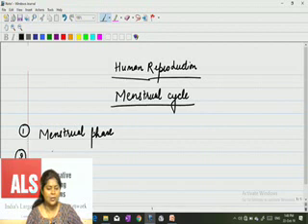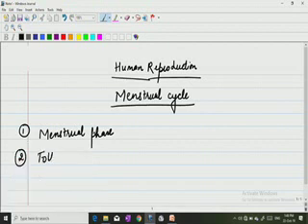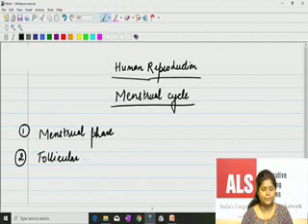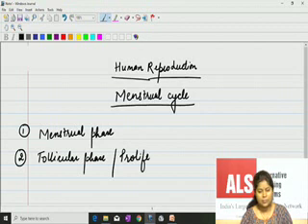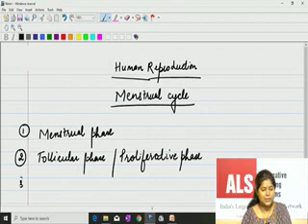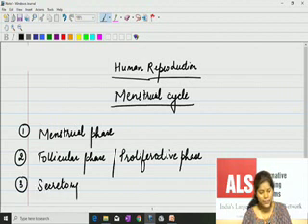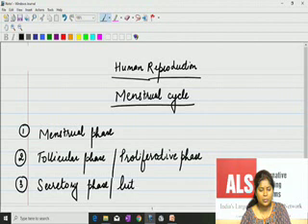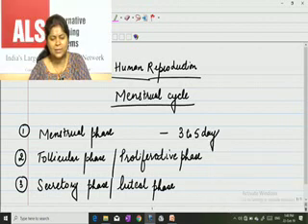The second phase is the follicular phase or proliferative phase, and the third phase is the secretory phase or luteal phase.